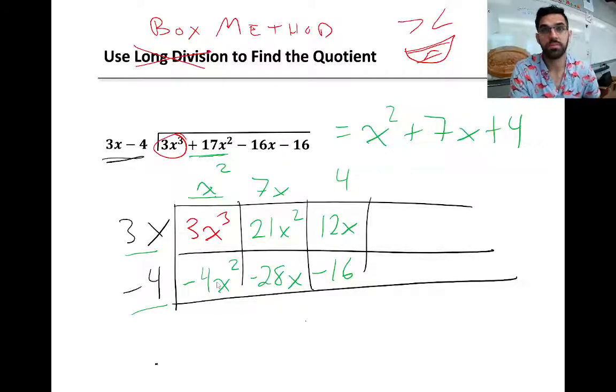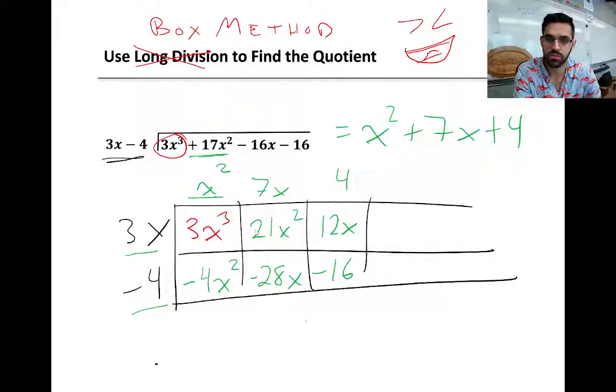Now here's the catch. If I have negative 4x squared in this box, I know this box has to be an x squared. And so to figure out this number, 21, I say, okay, I have negative 4, I need to have positive 17. So what can I add to negative 4 to get to positive 17? I've got to add 21. That's how I know 21 goes in this box. So negative 4x squared plus 21x squared is 17x squared.